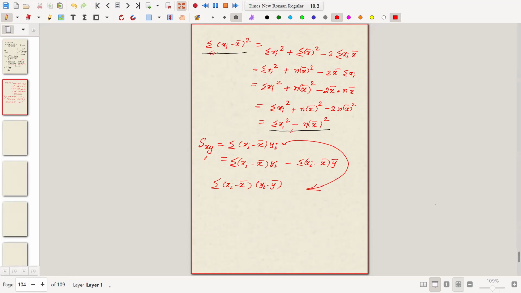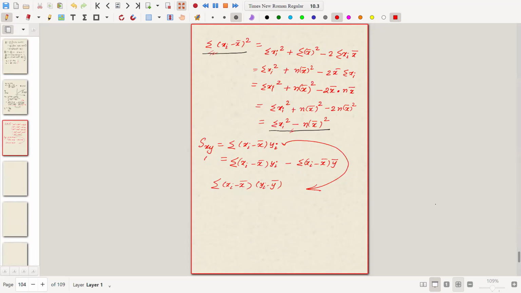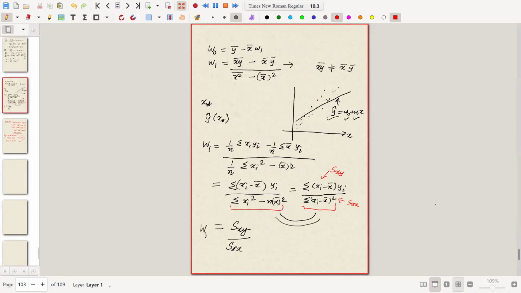So the whole idea of what we are actually doing: we already got our formula for W0 and W1. We are done, but I am saying that we can do even better. Find some alternative forms for W0 and W1, through these expressions.